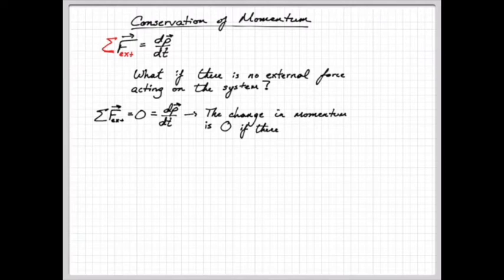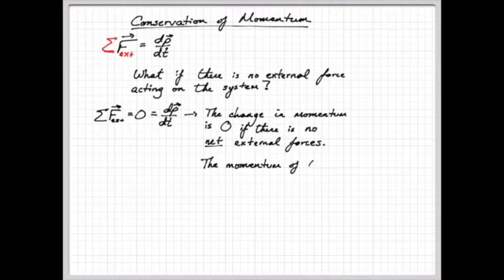So the change in momentum is 0 if there are no net external forces. Well, those of you in calculus know that if the derivative of something is 0, then that something must have been constant. So that means in this case the momentum of the system must be constant.